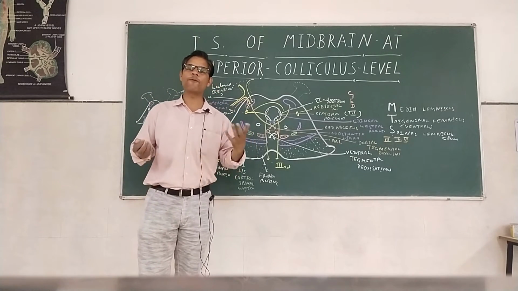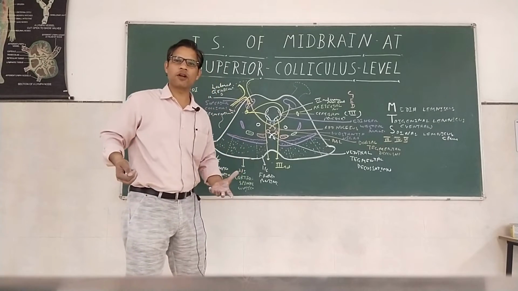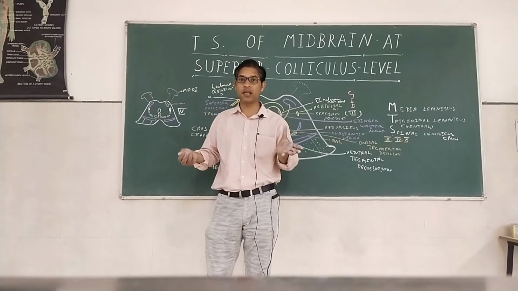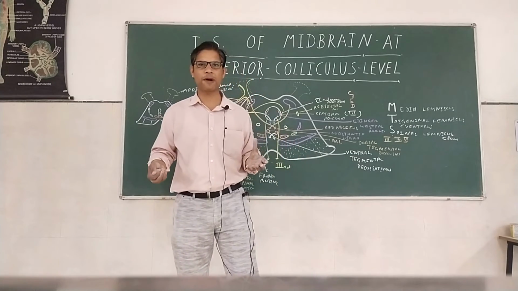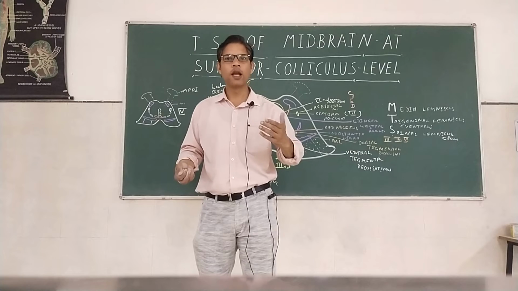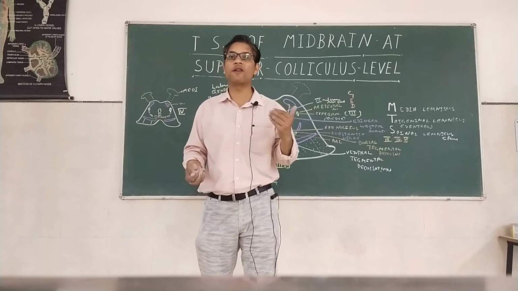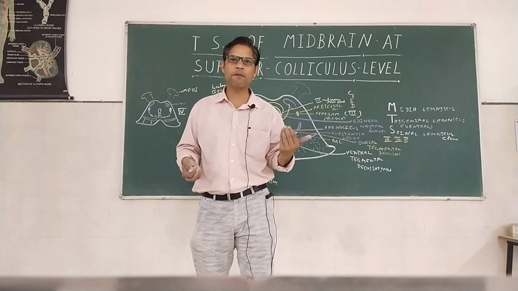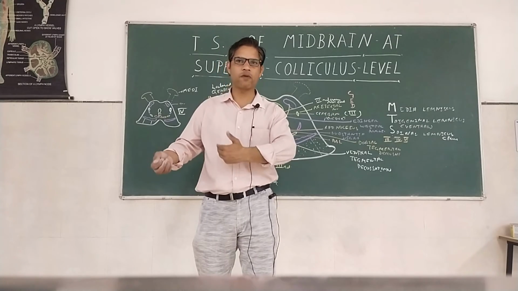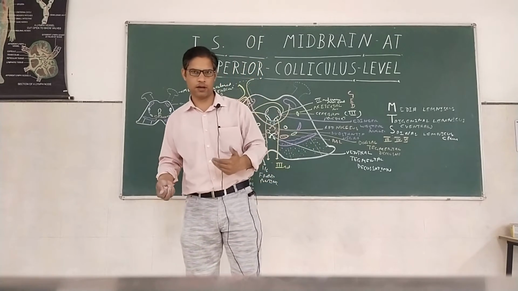So a few features are different from the inferior colliculus level, which is majorly concerned with the auditory pathway, because the lateral lemniscus auditory pathway gives its fibers to the inferior colliculus, while the inferior brachium goes to the medial geniculate body, and to areas 41 and 42, the primary auditory cortex.